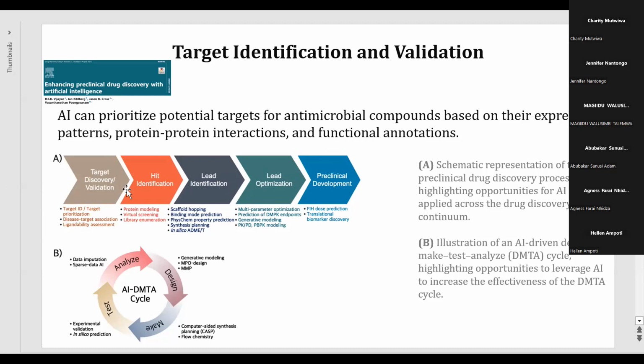You do the research, you do the wet lab experiments, but wet lab experiments take time. Artificial intelligence won't take much time. Later you can compare the two results and see whether your results match or not. So that is the target identification and validation.